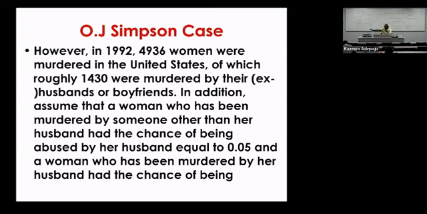But you know what I'm going to show you next time? I'm going to show you how we use Bayes' theorem. The probability that Simpson murdered his wife is actually high, but based on the evidence, the probability that the LAPD framed Simpson was higher than the probability that Simpson murdered his wife.